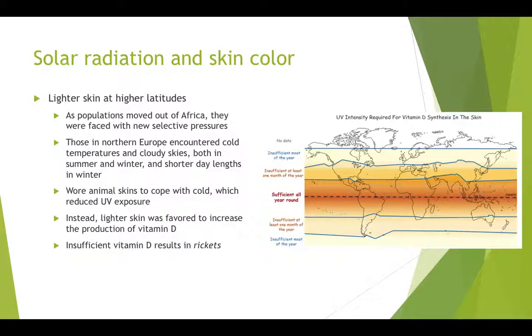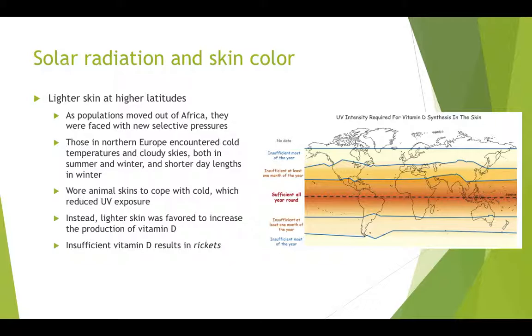So it wasn't so much a factor that dark skin wasn't favored in higher latitudes, but more of a function of, I mean, it's bidirectional, right? If you had dark skin in higher latitudes, you were more likely to demonstrate these developmental abnormalities like rickets.